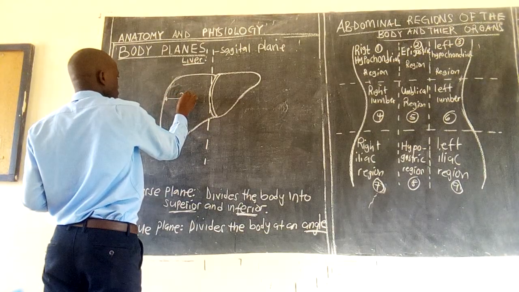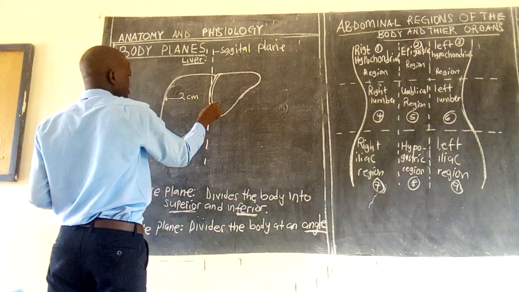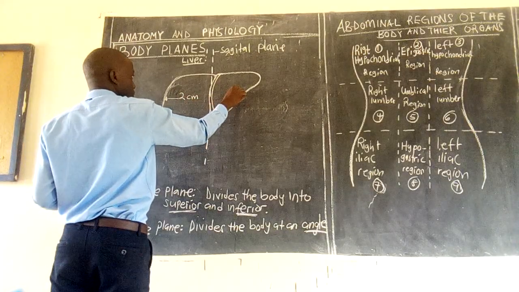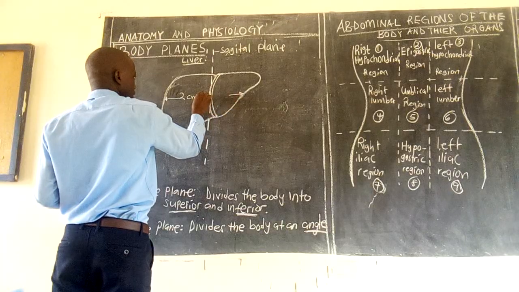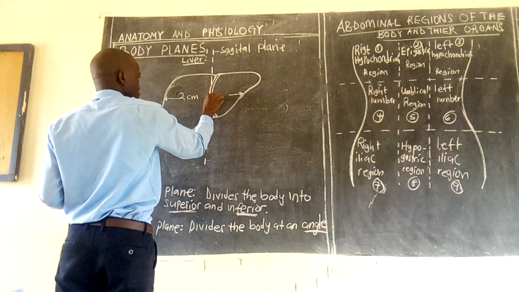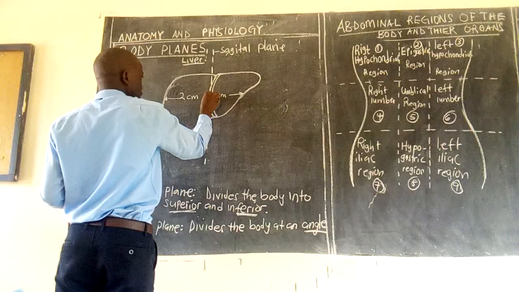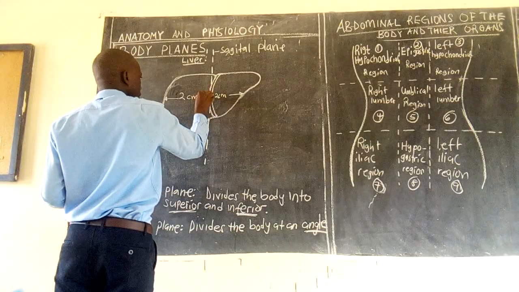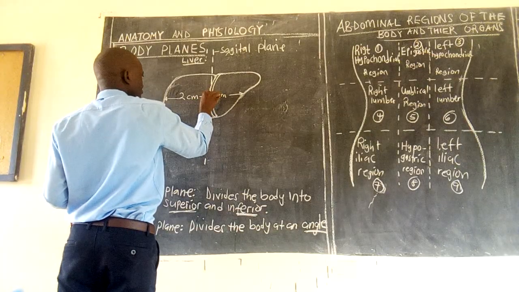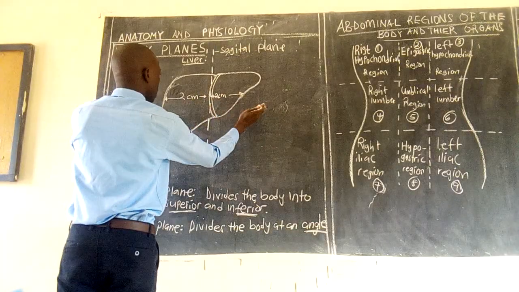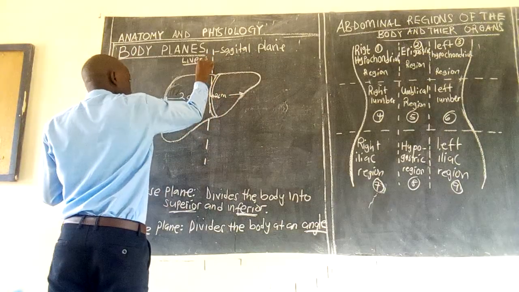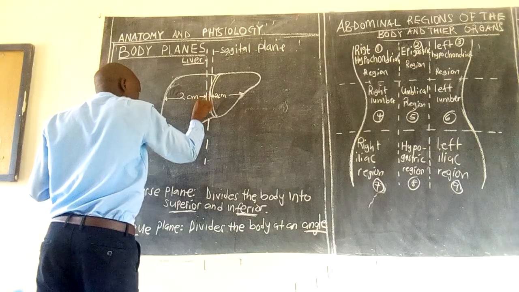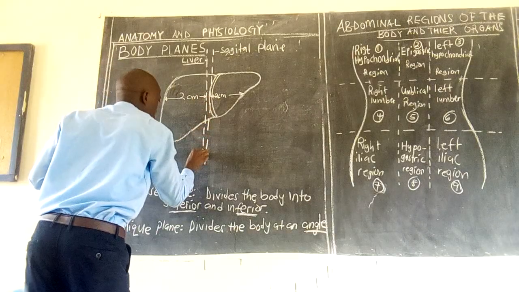So if I am to divide this into a mid-sagittal plane, the distance from here, let's say it is 2 centimeters, and also the distance from here, also 2 centimeters. So if I make that measurement so that the left and the right balance, that line that is going to dissect it into equal parts.